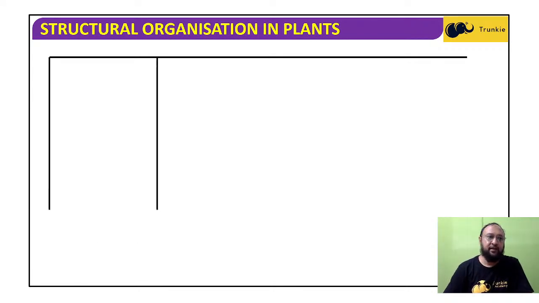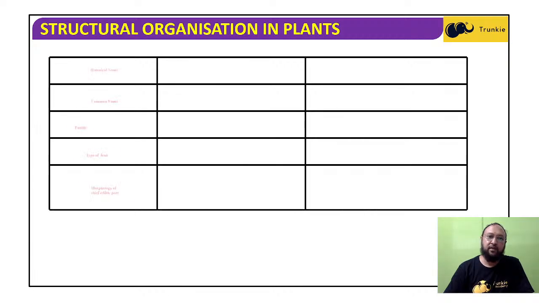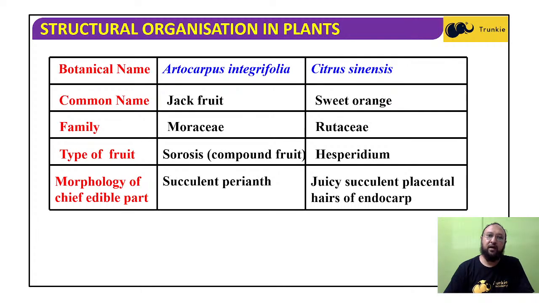Now, another is Artocarpus integrifolia, that is jackfruit. This is the scientific name, and it belongs to the family Moraceae.